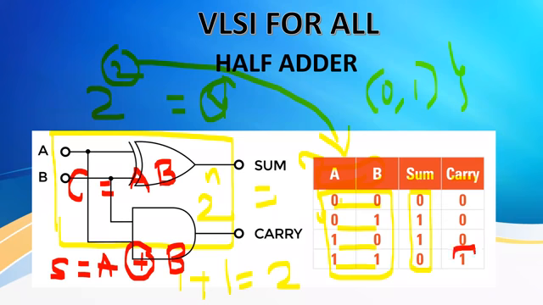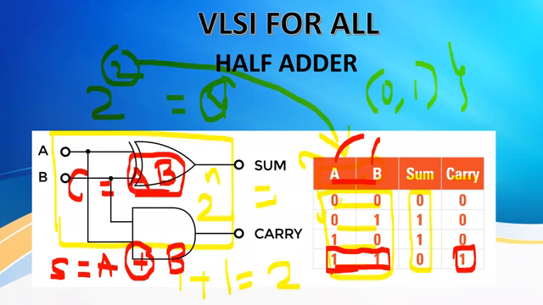Based on the output. The output of carry is high only when both A and B are high. So it is 1. So we have A and B, which is ANDed form.